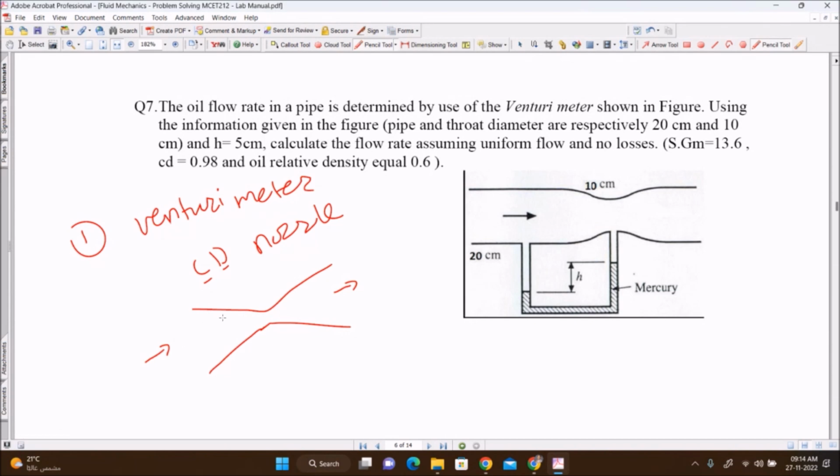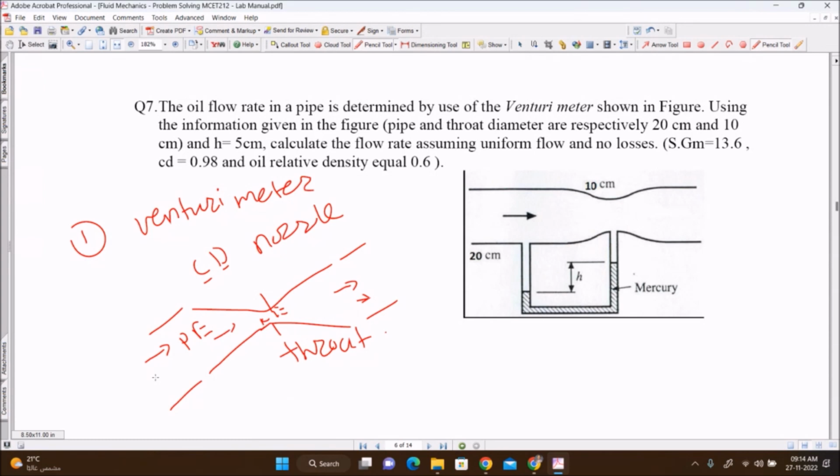Here the pressure energy is converted into kinetic energy: the high pressure energy drops and velocity, kinetic energy, increases. This is the divergent part, where pressure is increased a little to avoid vibration or back flow. The minimum area is called the throat. This is the inlet area, this is the outlet area, and this is the throat area.